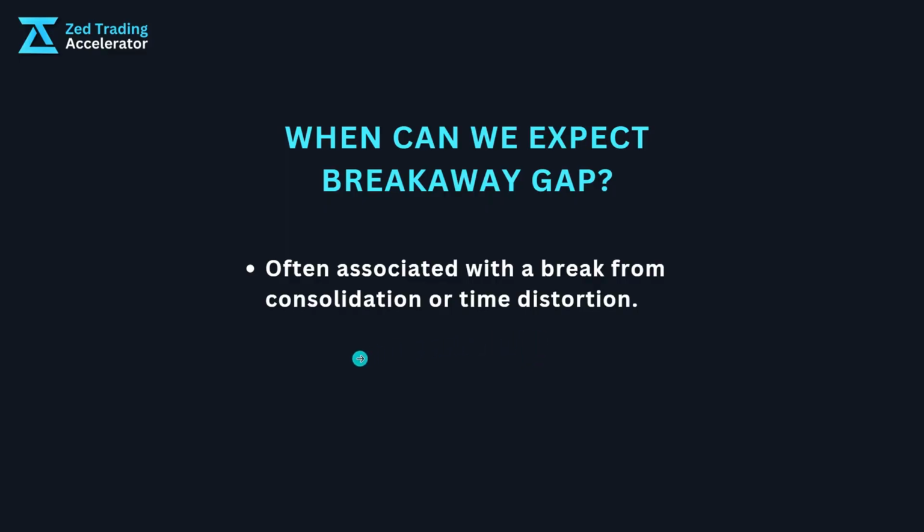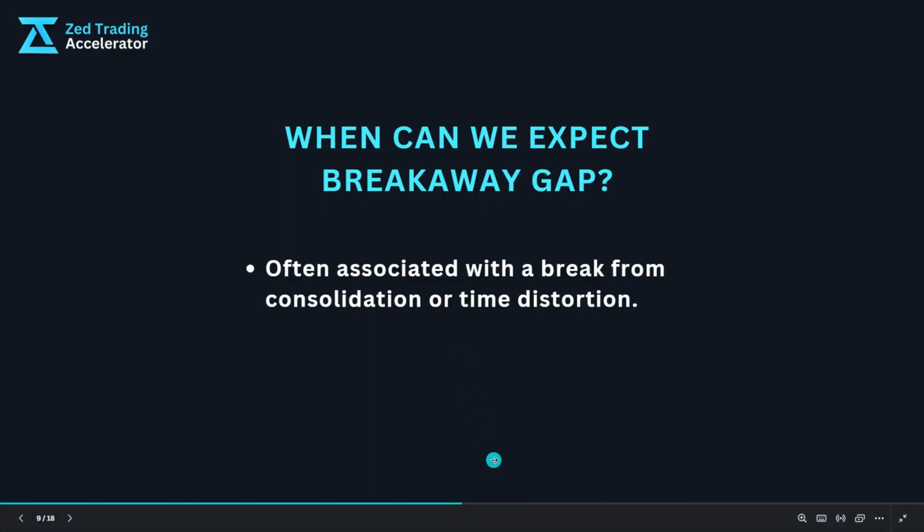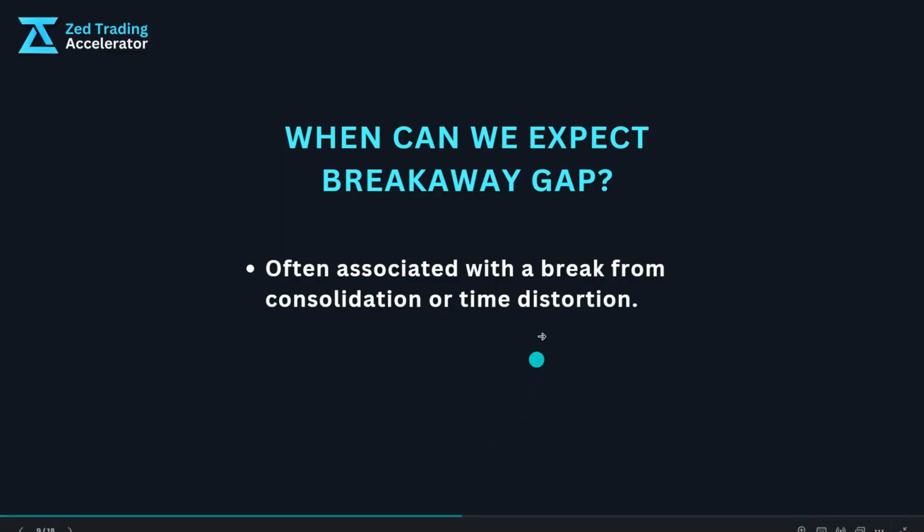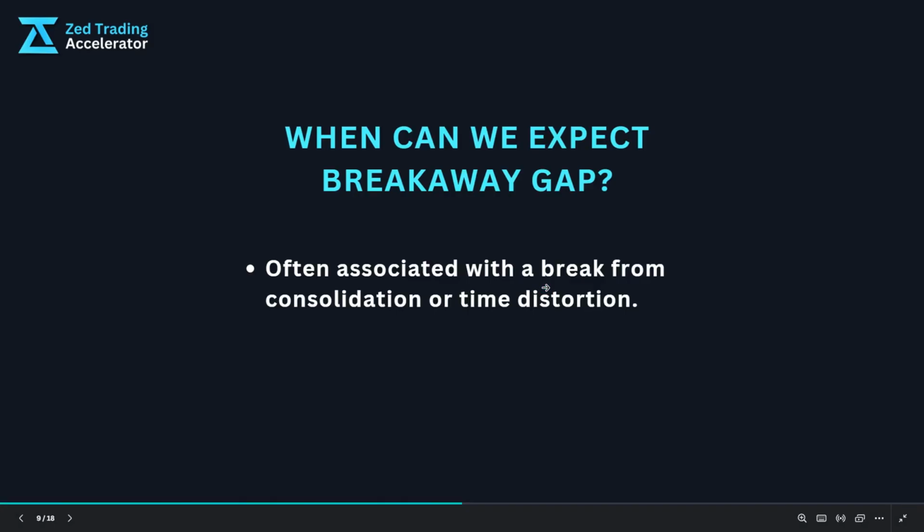We are going back once again to the accumulation, manipulation, and distribution. When we have accumulation, price consolidates, right? We are just moving sideways. Then the price will manipulate into the wrong side of the chart. Then after that, we will have distribution. That is the explosive price action.